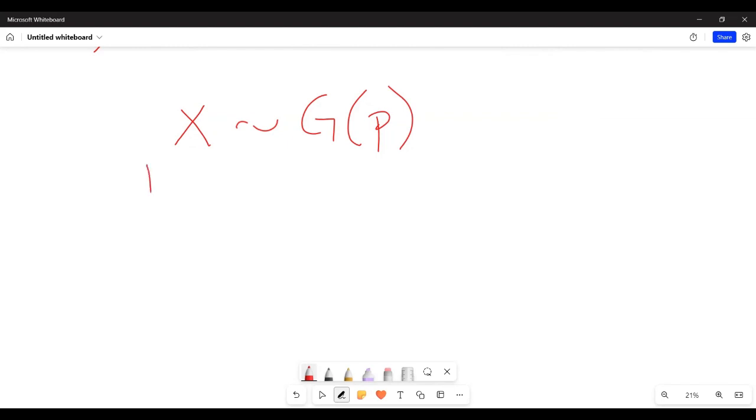Probability X equals R means you get a success on the rth attempt. Before that, you get failures. So this would be Q to the power R minus 1, times P.